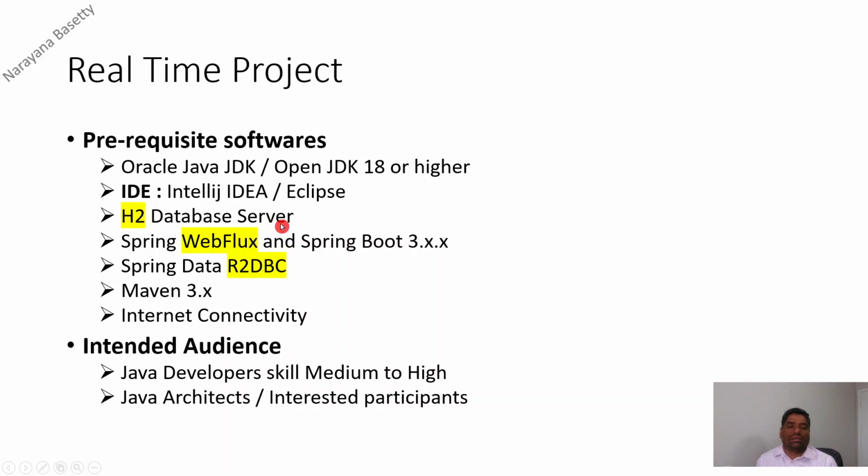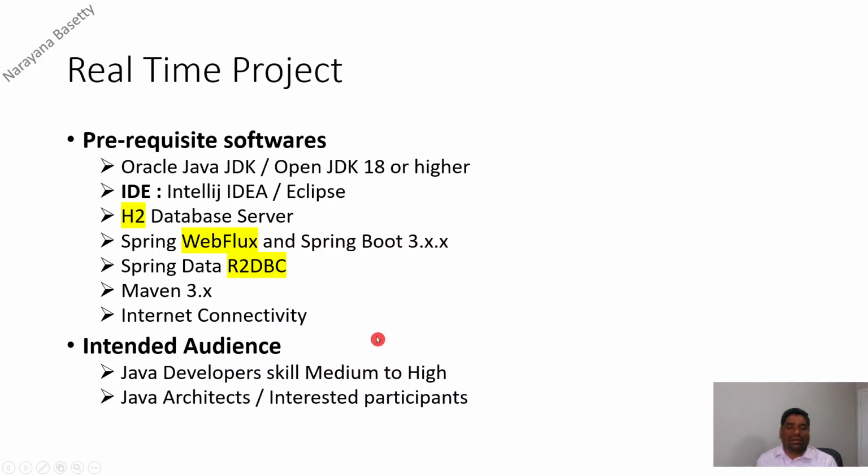I will tell you in the part 2 session how to start the server and all. And Spring WebFlux for building the routes and handlers part, along with the Spring services and repositories. As I said, to establish the database connections, I am using Spring Data R2DBC. R2DBC stands for Reactive Relational Database Connectivity, and Maven for building in case you want, and internet connectivity to download the required libraries.